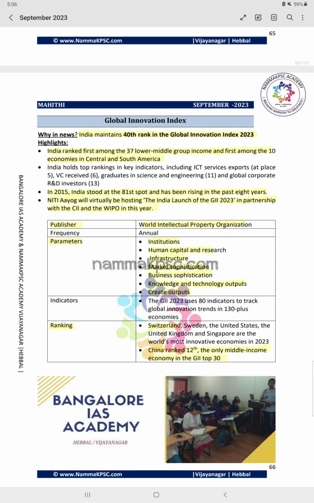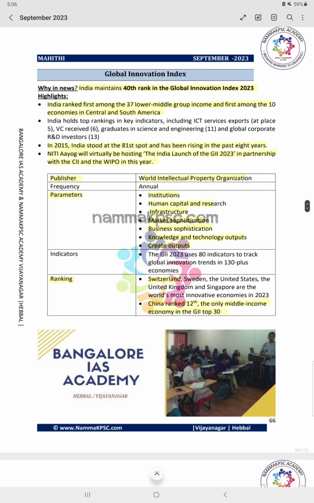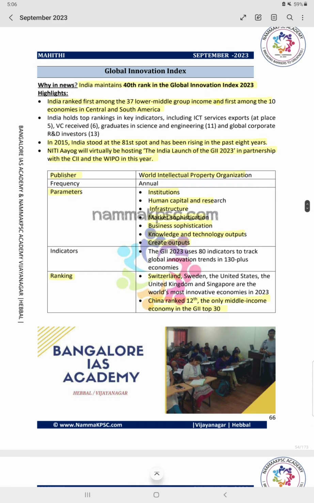And in India, Niti Aayog will be hosting the virtual event. What are the parameters that are considered for this? Institutions, human capital, research infrastructure, market sophistication, business sophistication, knowledge and technology outputs, and creative outputs.